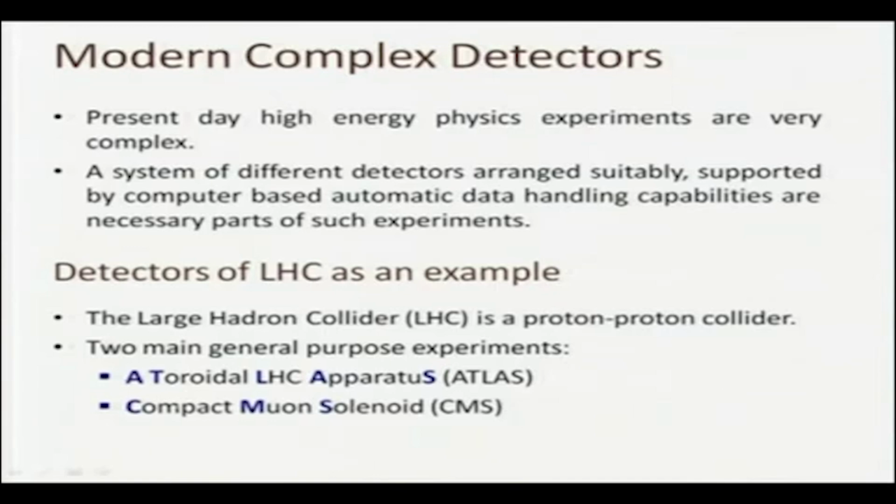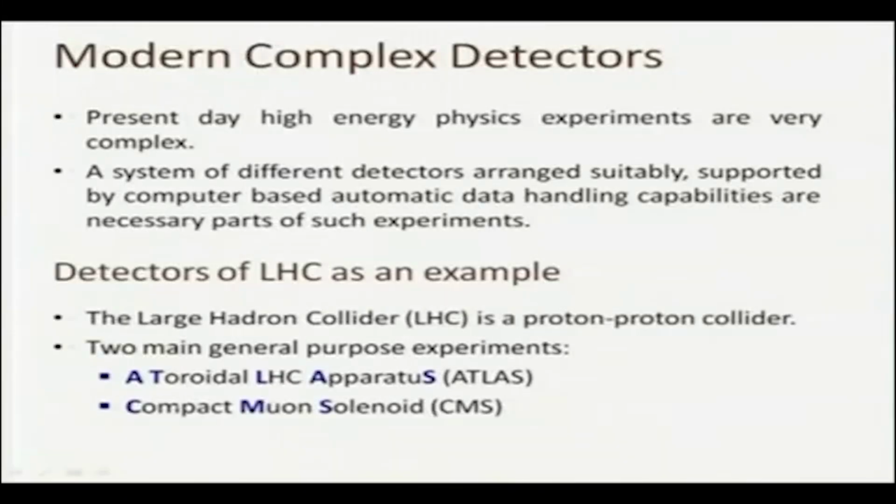ALICE is basically to handle the ion collisions, which can also happen in the same LHC acceleration and collision system. Instead of proton beams, you can accelerate ions and collide them, and that gives you information about various other things which are not possible in proton-proton collisions.